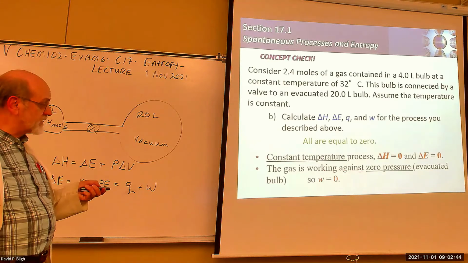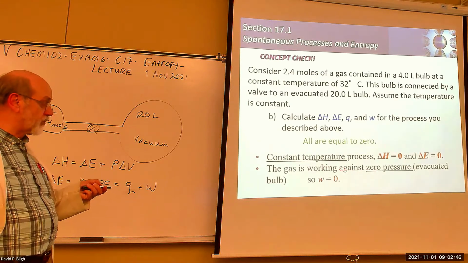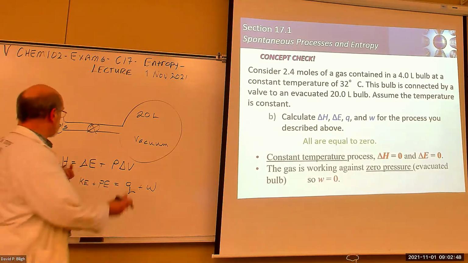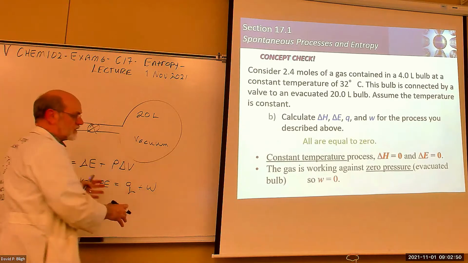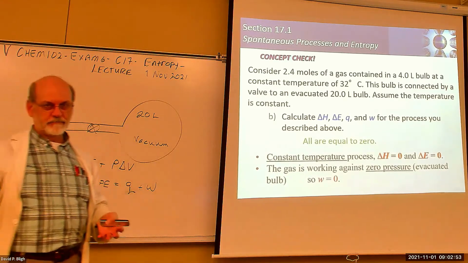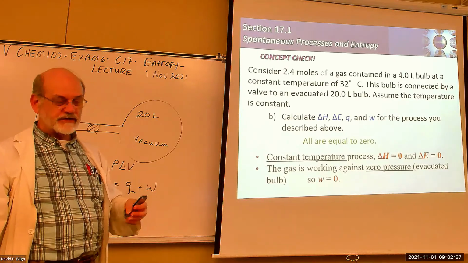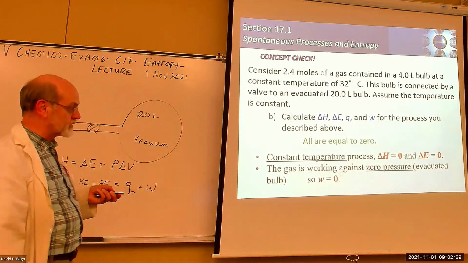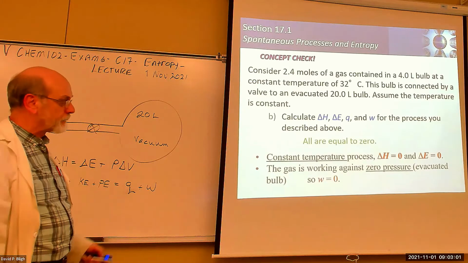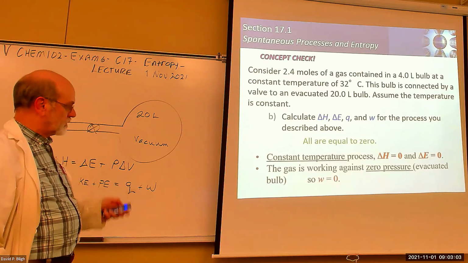And since the gas is working against 0 pressure, there's no resistance at all, so no work can be done. Right? You need to be able to apply force through a distance, and you can't apply force when there's no resistance to it. So work is 0.